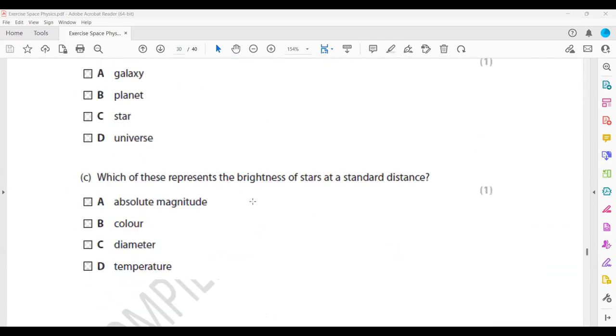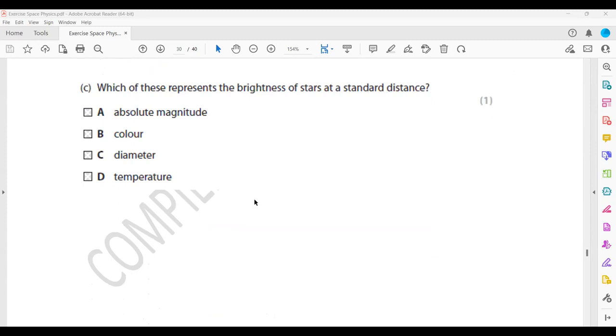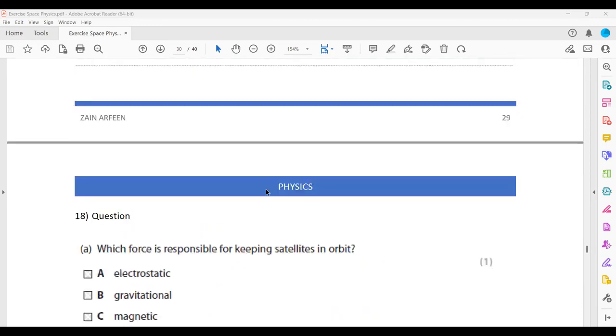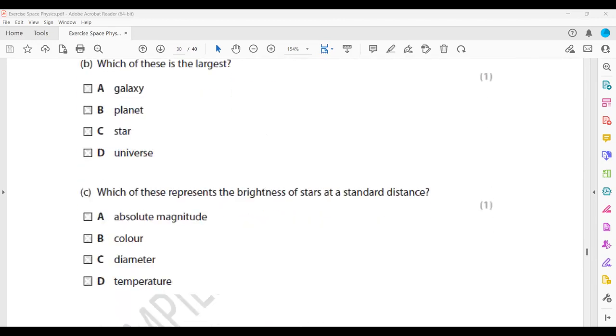So when we compare the brightness at a standard distance, where all of them are at the same distance and we compare their brightness, this is what represents the absolute magnitude.